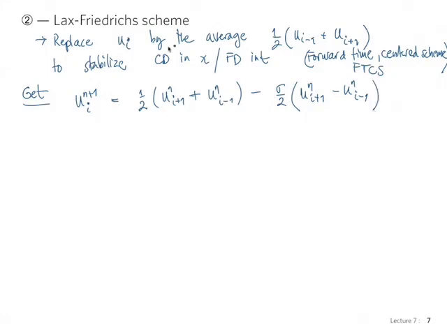So this substitution introduces an error, of course. But the error is of order delta x, so convergence, and it reduces the order of the scheme.